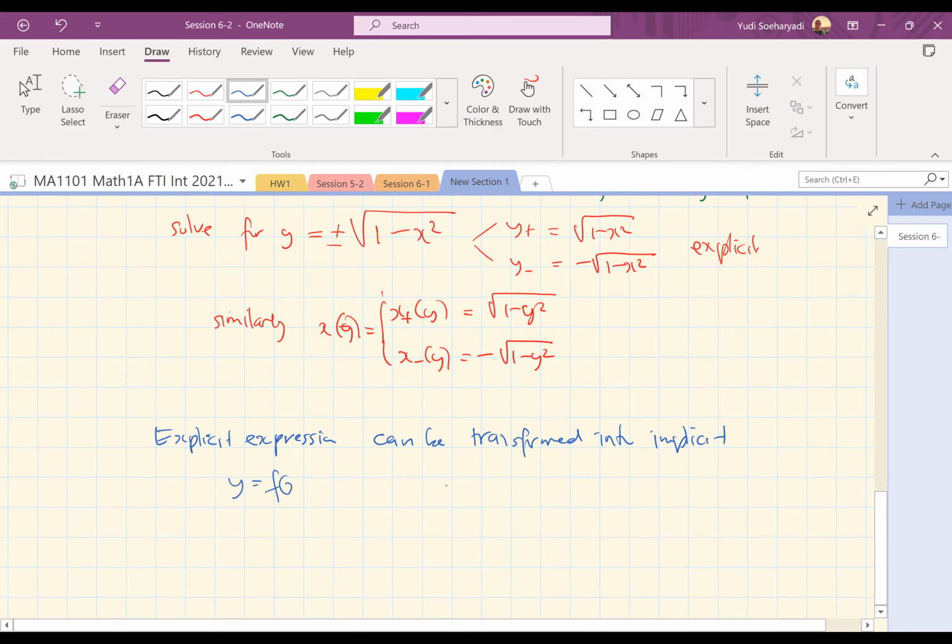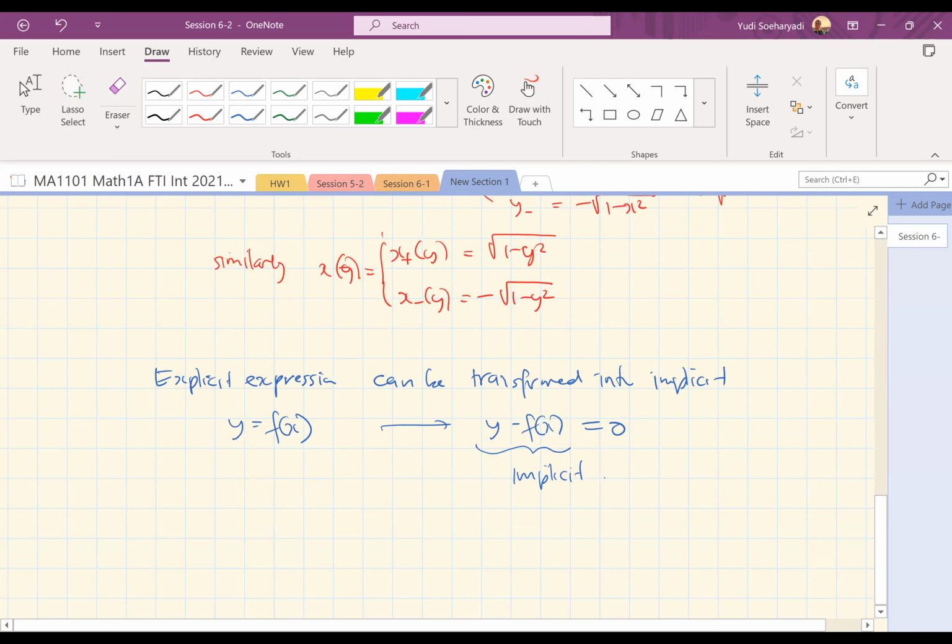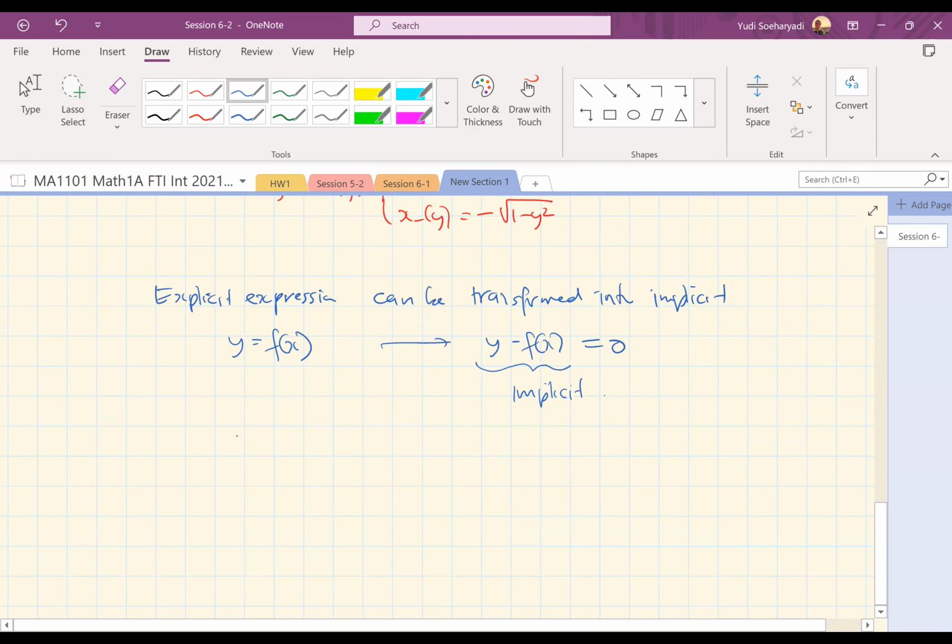To make it implicit, you just move terms over. So for example, we change this to y minus x squared equal to 0. That's implicit.